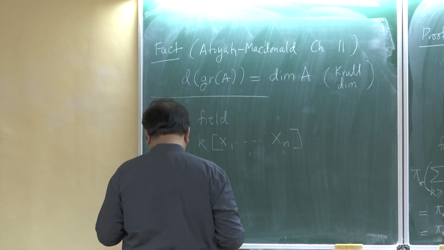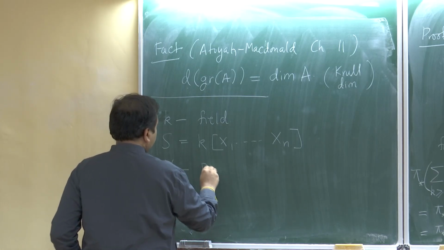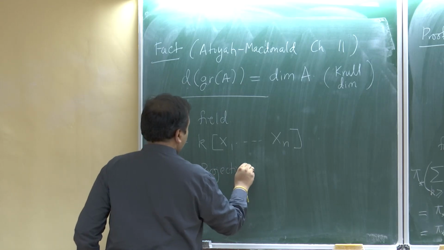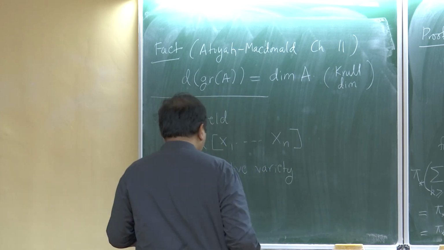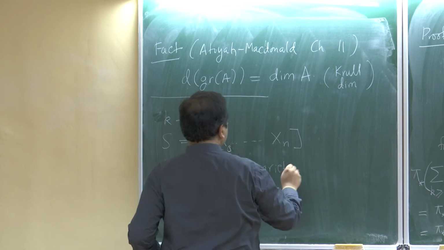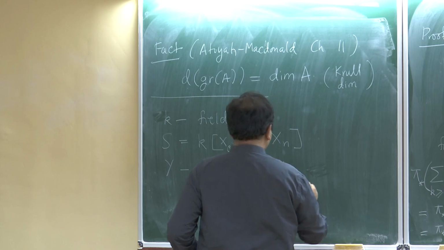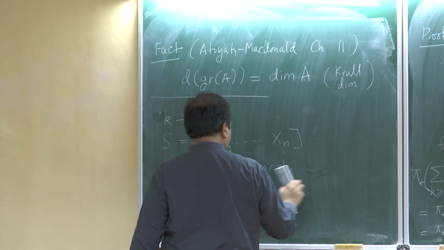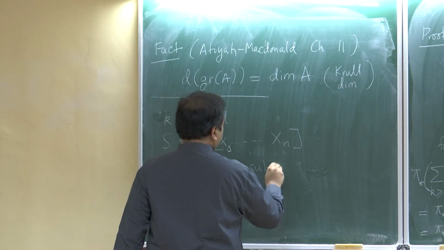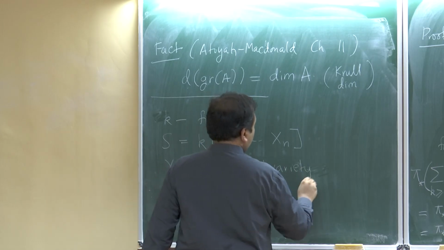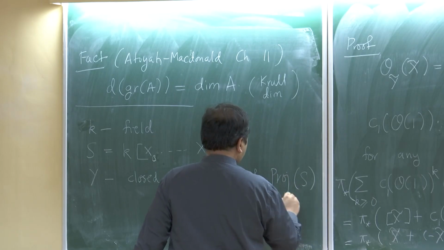So then if Y is a projective variety, embedded, so it's a closed subvariety of Proj S equal to P^n.